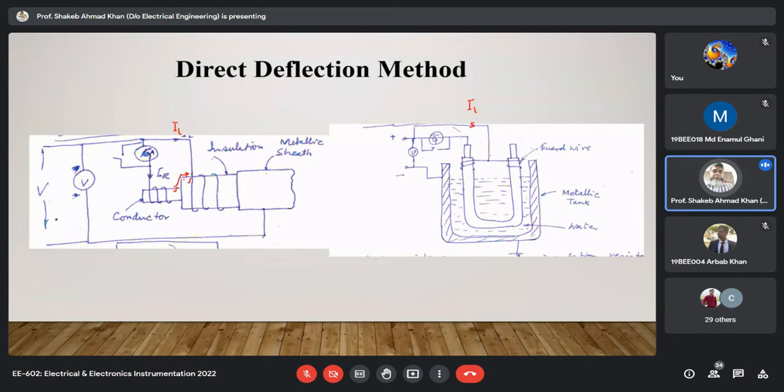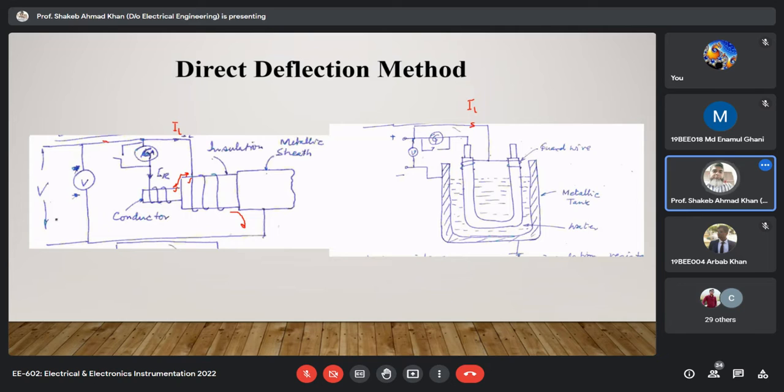Current always flows from higher potential to lower potential, and this is at the same voltage and this is also at the same voltage. Both of them are, you can say, sort of in parallel, so no current will flow through this. Whatever leakage current flows will take this path only, go to the sheath, and then come back.